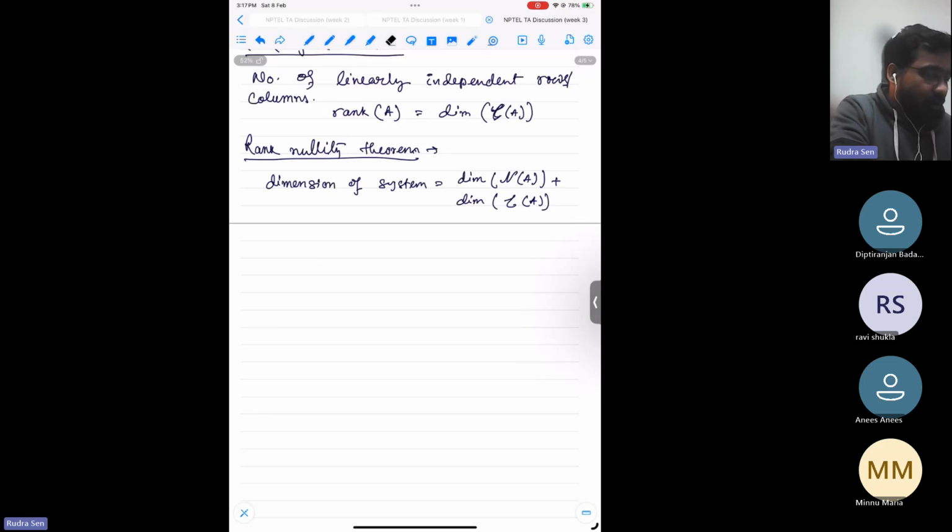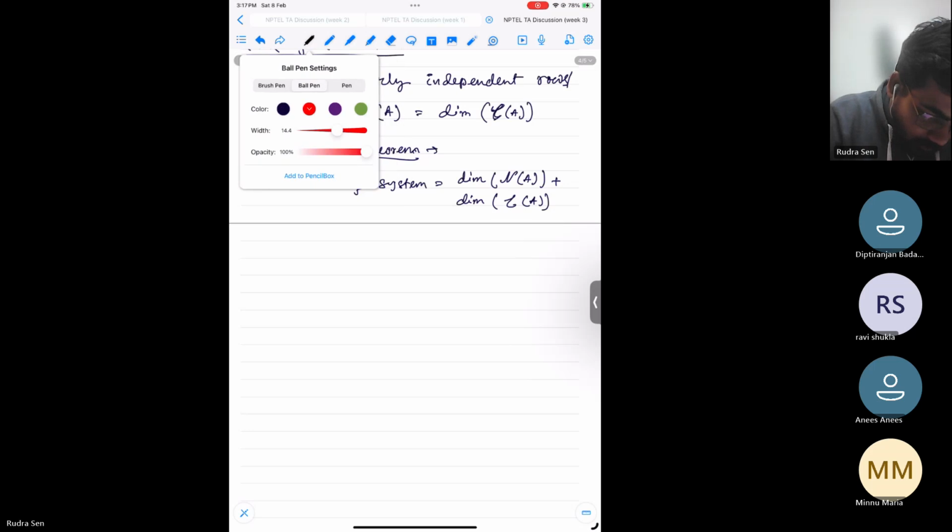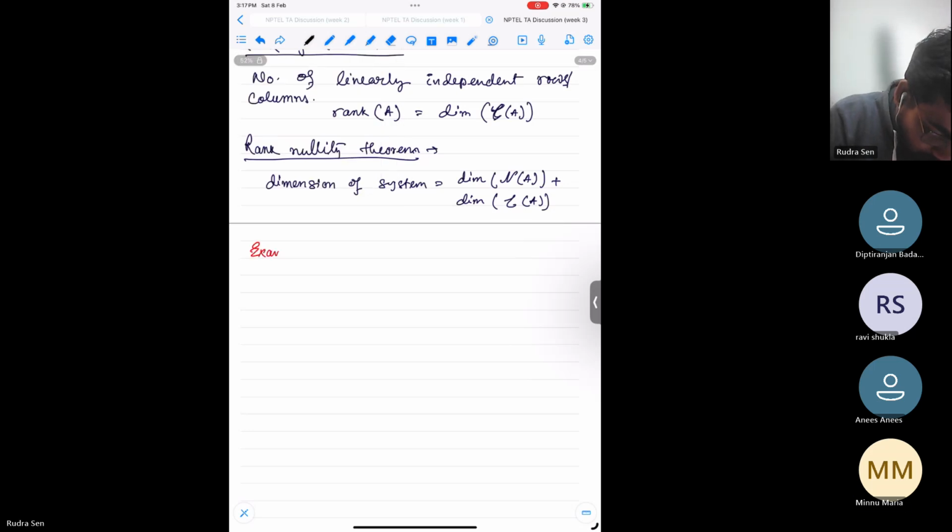I'll do one more example from this complete solution, and then I will move to that basis. Okay, so another example. It says that we have a system something like that.